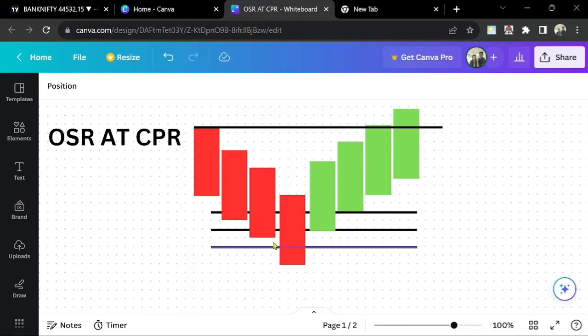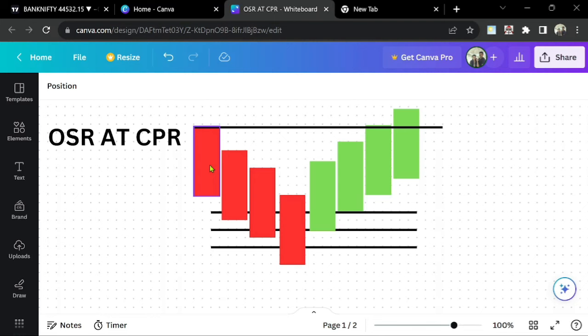Yes friends, this is the pattern which I told you, OSR at CPR. Opening strike reversal at CPR. Opening strike reversal means these 4 candles. This is the opening strike. The first candle we call opening strike candle.